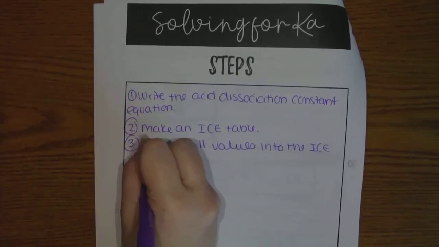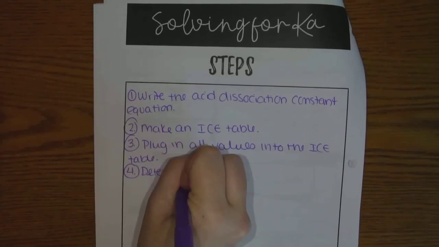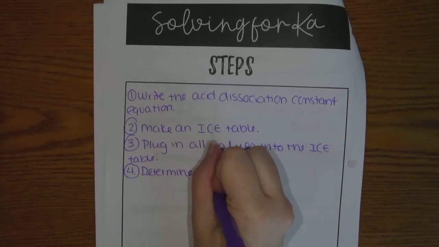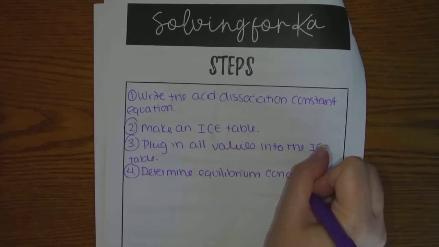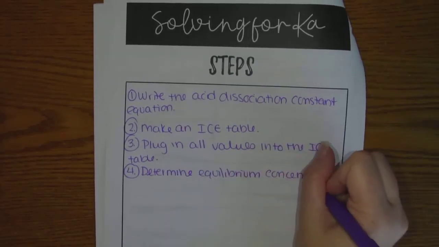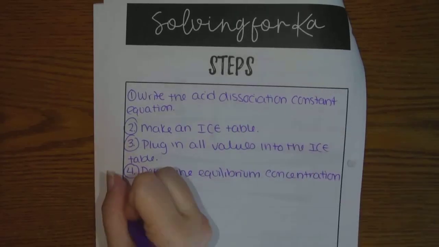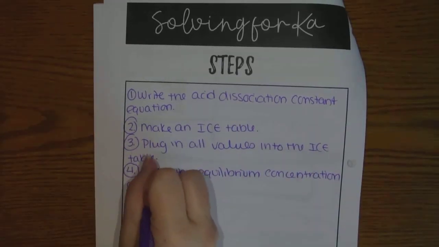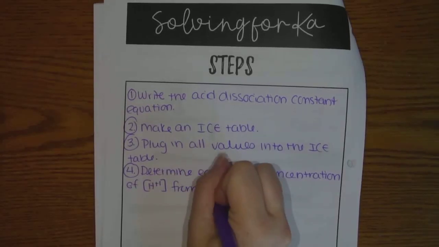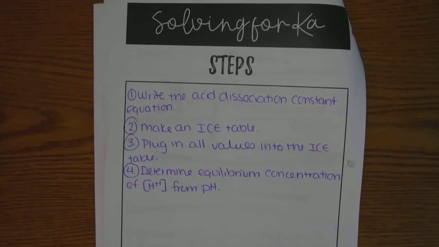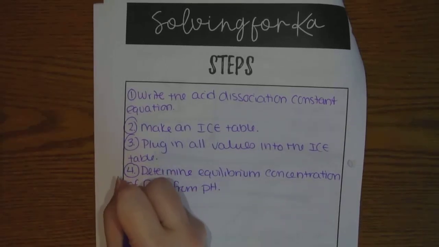We're going to determine the equilibrium concentration of H+1 from pH if we're given pH. And that'll be at our equilibrium pH. So whatever our pH is at equilibrium, most of the time that'll be told to you.